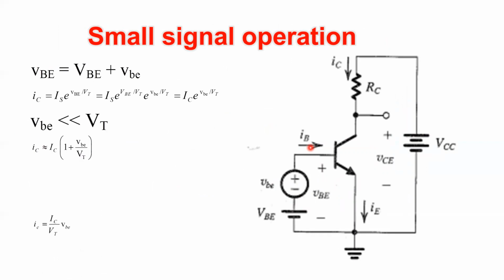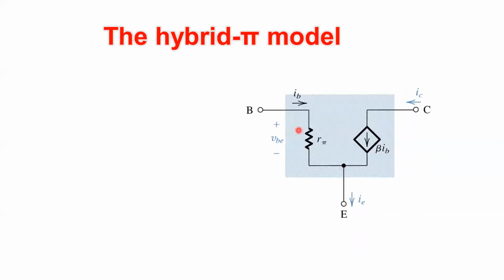We replace this diode by a resistance, which represents the forward resistance of the diode. And here we still have beta times IB. This is the DC model for a BJT.